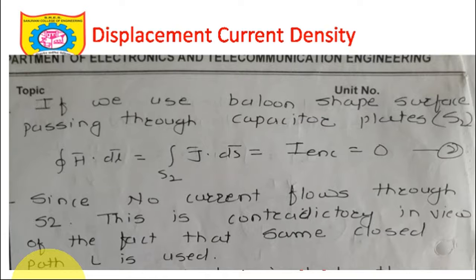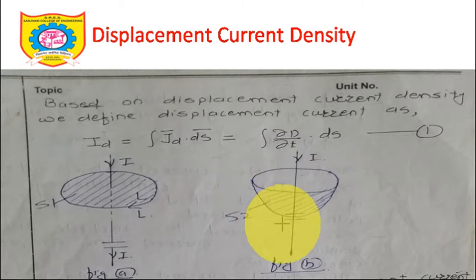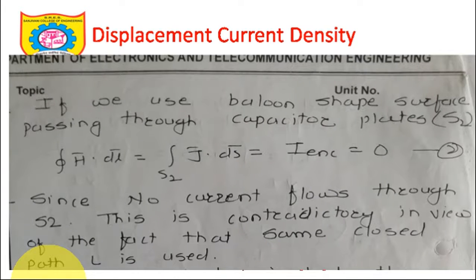Then if we use a balloon shaped surface S2 passing through the capacitor, H bar dot dl bar is equal to J bar dot ds bar, and I enclosed is equal to 0, since it is non-conducting in nature. Since no current flows through S2, this is contradictory, as the same closed path L is used.